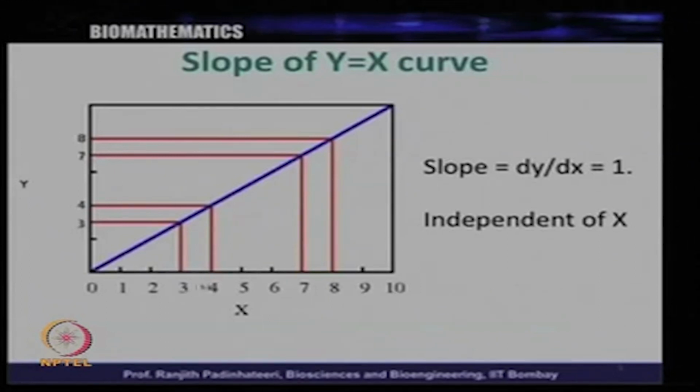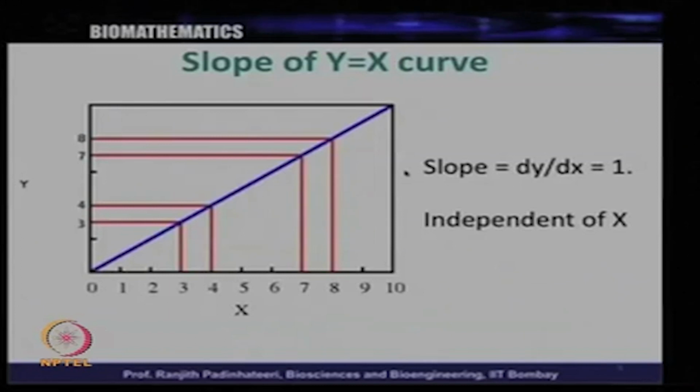If you take this dx between 3 and 4 or some other point like 7 and 8, you will always get slope equal to 1. That means where you take it along the x-axis doesn't matter when you find the slope of a y equal to x curve, or of a straight line; it is always a constant. This is a property only of a straight line.